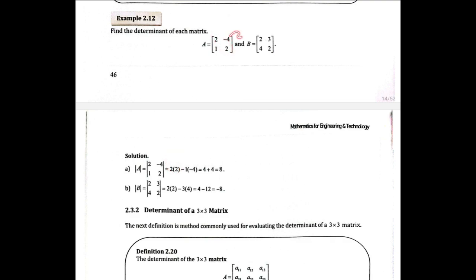Subtract the other diagonal, which is -4 and 1, which should give you +4. So for A, its determinant is 8, and for B, do the same kind of calculation and you'll get a determinant of -8.